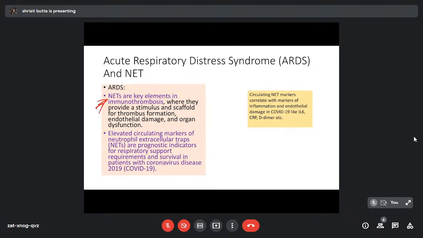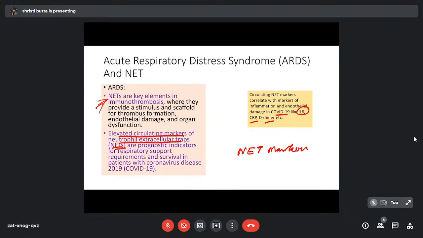Remember, elevated circulating markers for NET are prognostic indicators for respiratory support requirement and survival in patients with coronavirus disease. Circulating NET markers of inflammation have correlated well with markers of endothelial and inflammation damage in COVID-19 like IL-6, CRP, and D-dimer. So what are these NET markers?